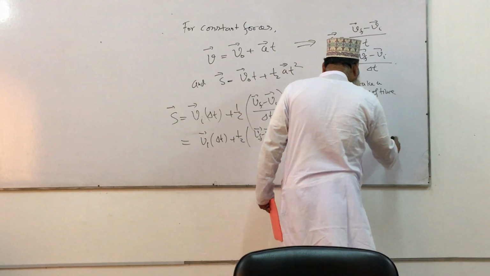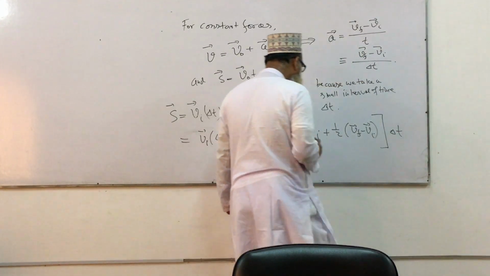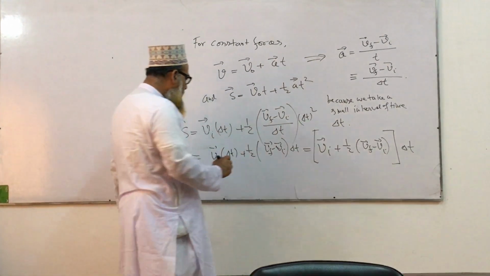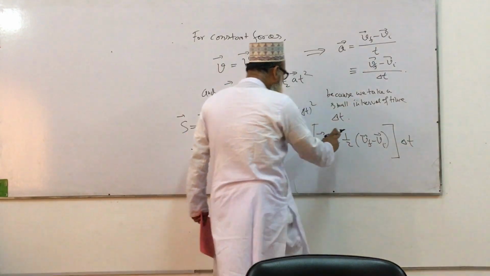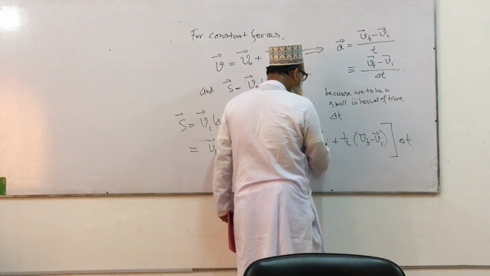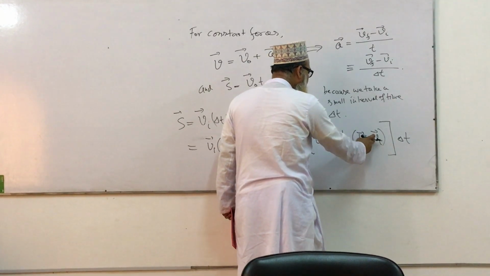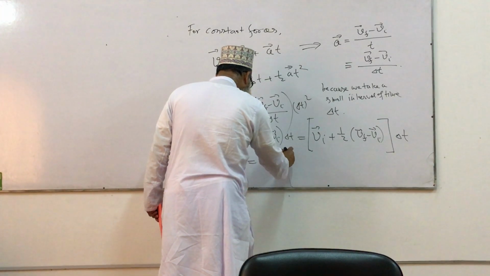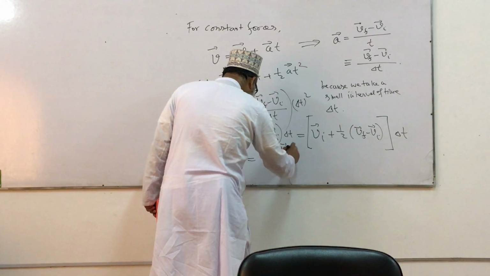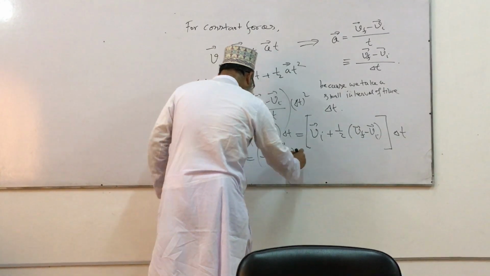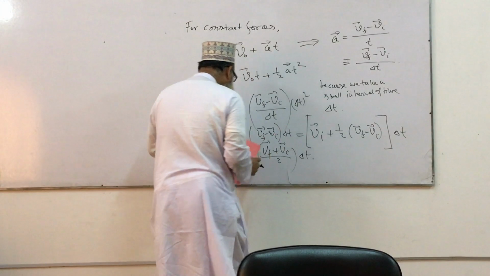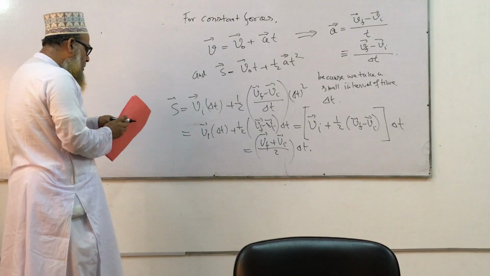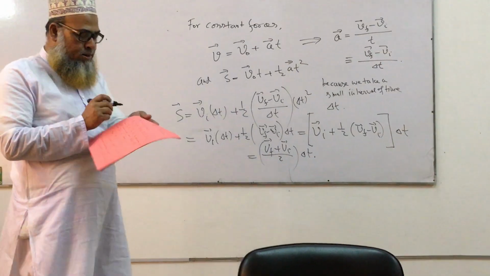Both have the common factor delta T. Vi minus half Vi gives half Vi, so I get Vf plus Vi by 2 multiplied by delta T. This is the expression for displacement S.